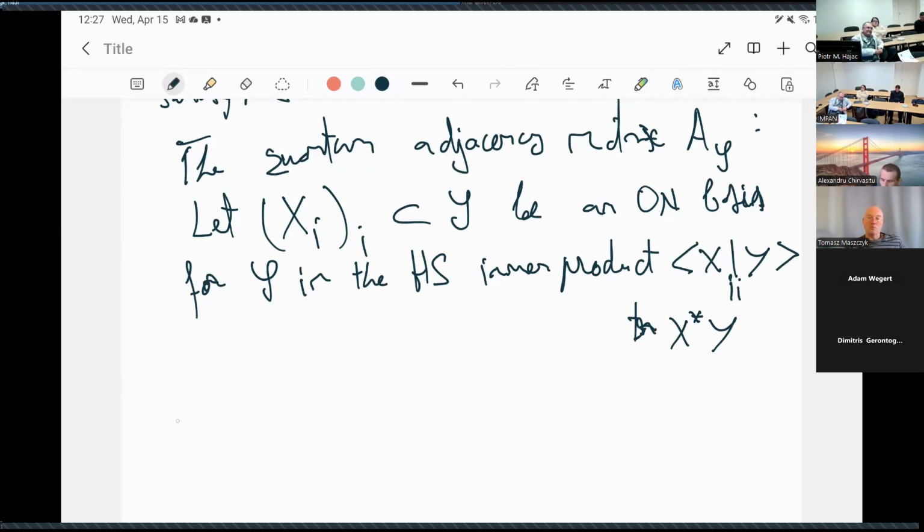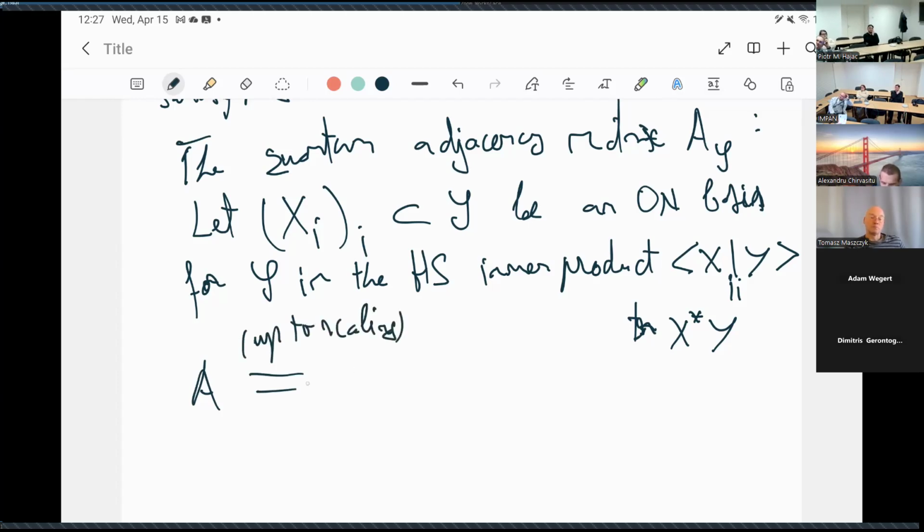So you take your ON basis and, up to some scaling that I can never remember, you might have to scale by n, you might have to scale by n squared, so let's just not bother with this, an appropriate scalar, is going to be this completely positive map: the sum of x_i bullet x_i star. The bullet is where the variable goes. That's your CP map.